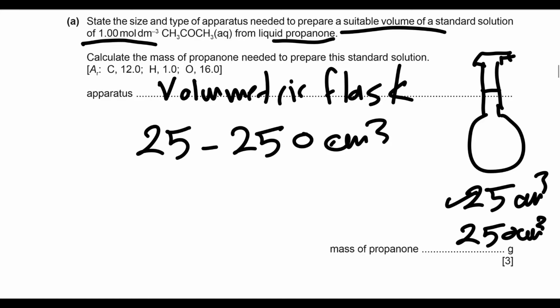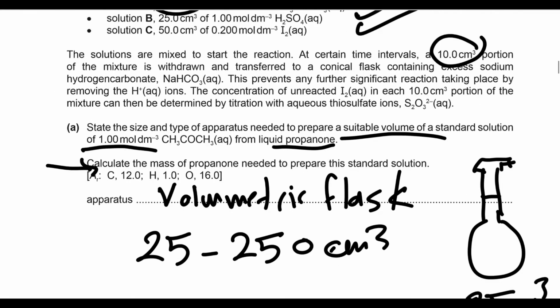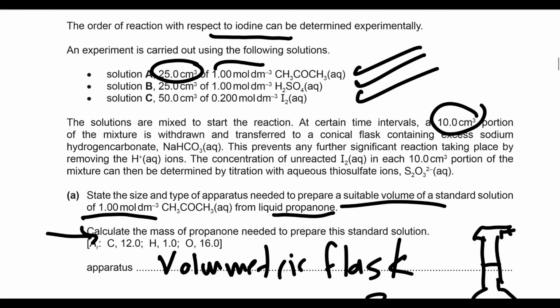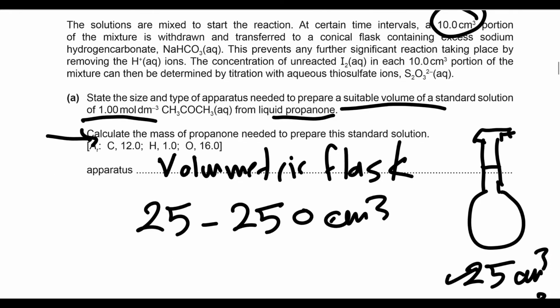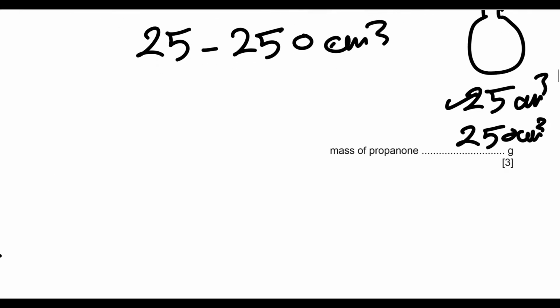Then in the same question you have another part here. Calculate the mass of propanol needed to prepare this standard solution. You have the concentration of propanol, and you have the volume. First of all, you need to calculate the number of moles, then you will calculate the mass.